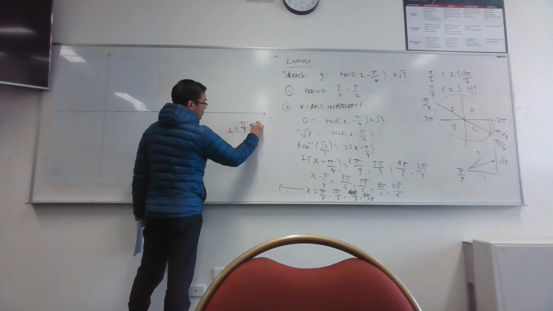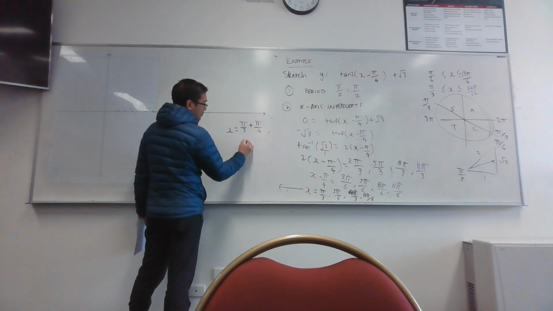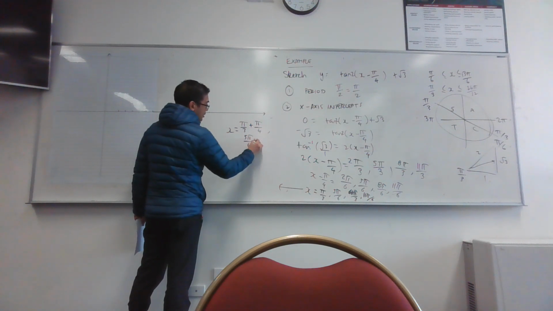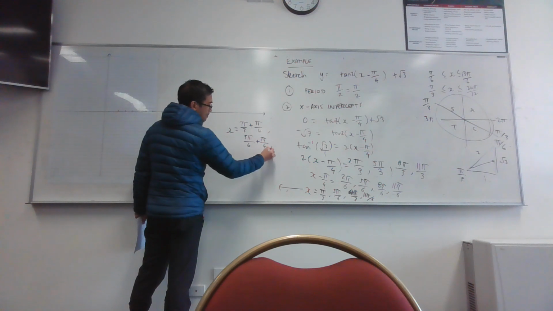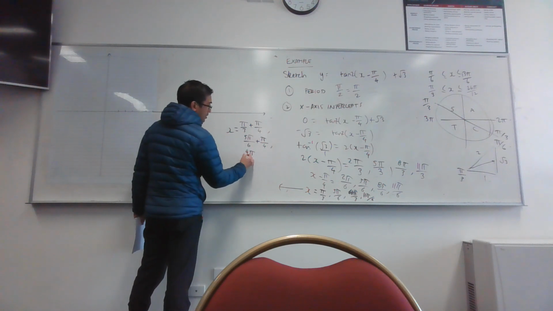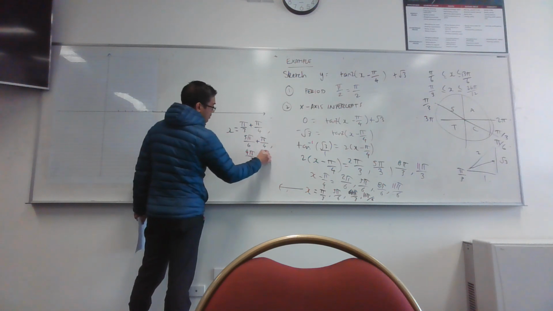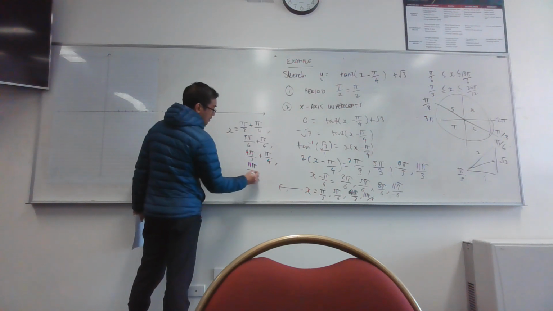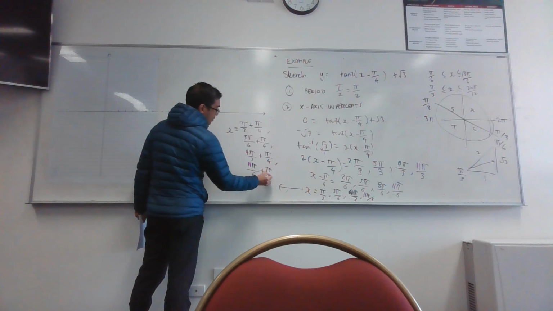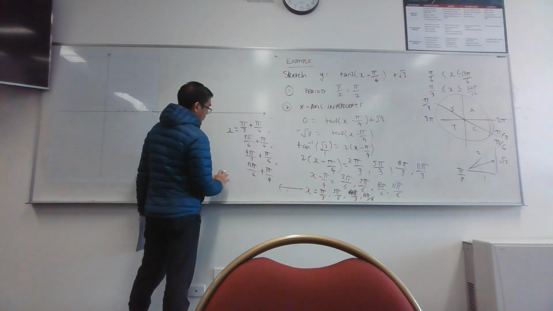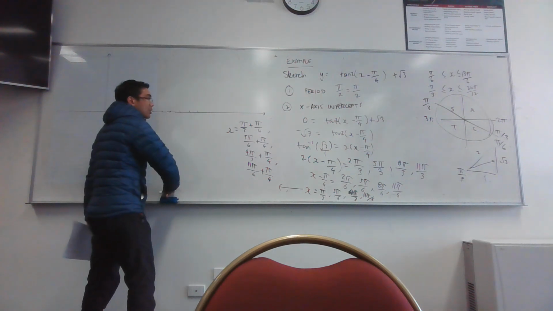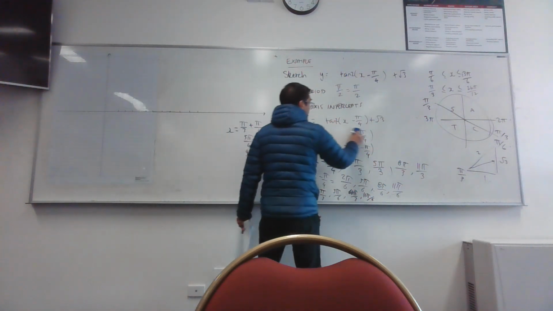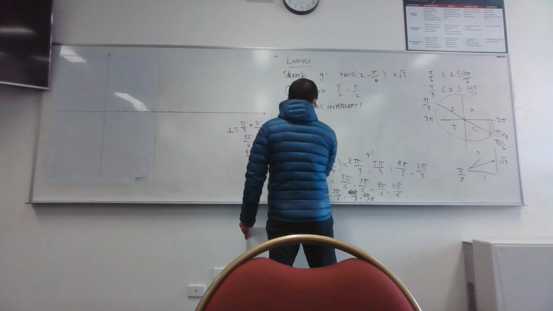Pi on 3 plus pi on 4, 5 pi on 6 plus pi on 4, 4 pi on 3 plus pi on 4, and 11 pi on 6 plus pi on 4. Okay. I'm going to erase this to get more space.